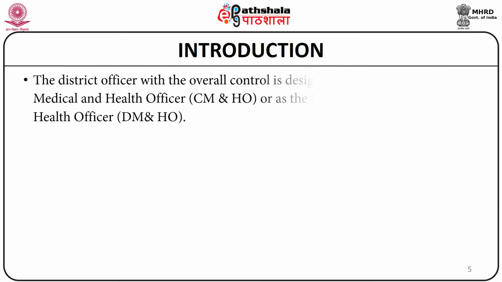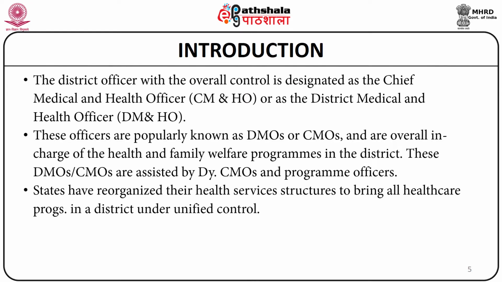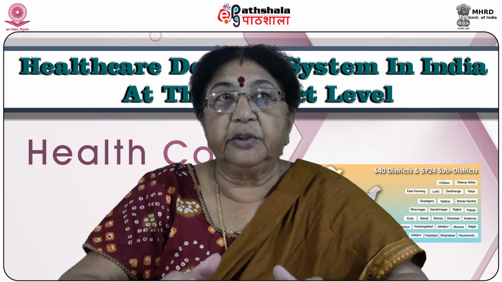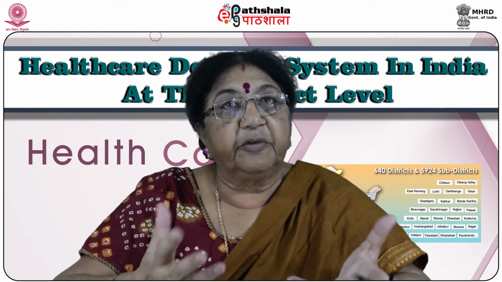Now, continuing with the introduction, the district officer with the overall control is of course designated as the chief medical and health officer, or the district medical and health officer. This chief person has both the medical as well as the health components under him, which further divide into the medical and the health section, and they will have to work in coordination at the field level.